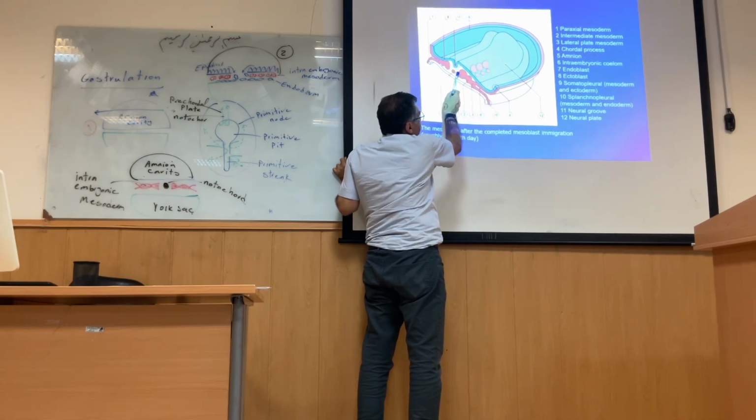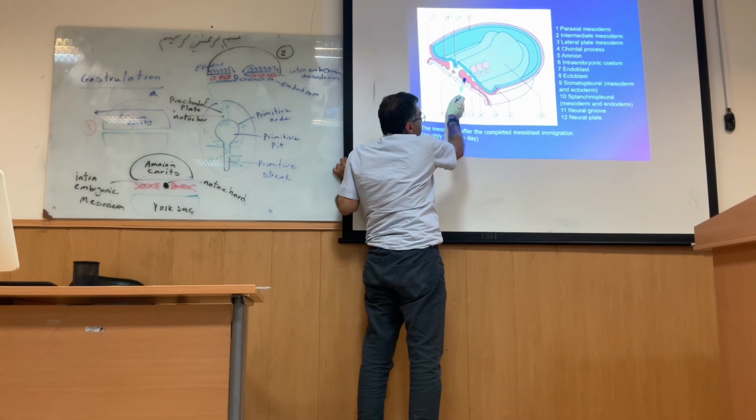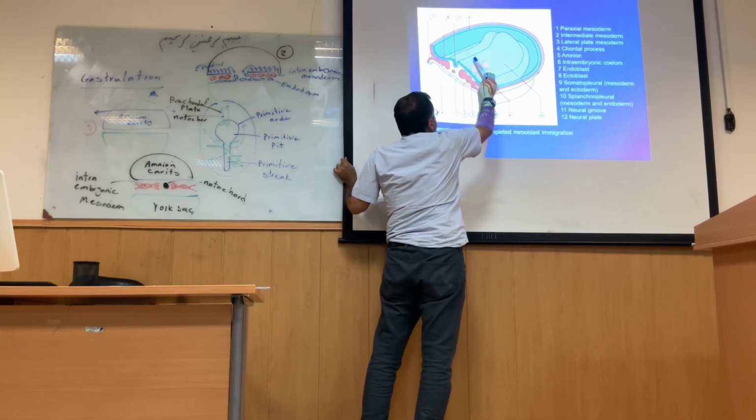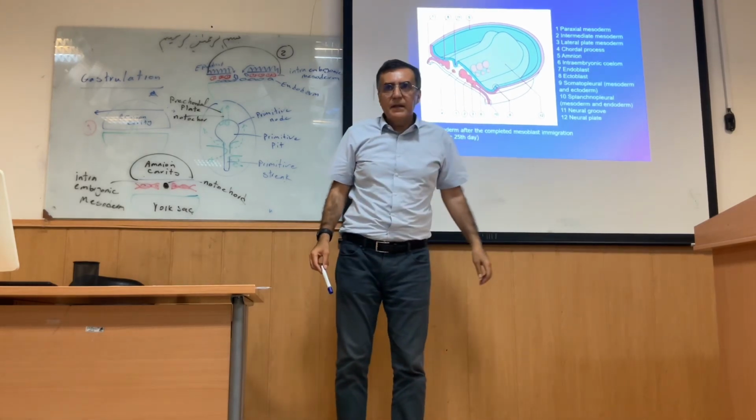Paraxial is near the midline, then intermediate and lateral plates. All of it is intraembryonic mesoderm, but it's separated into three parts: paraxial, intermediate, and lateral. This is the notochord, and this one is the ectoderm, the blue one. Is it clear?